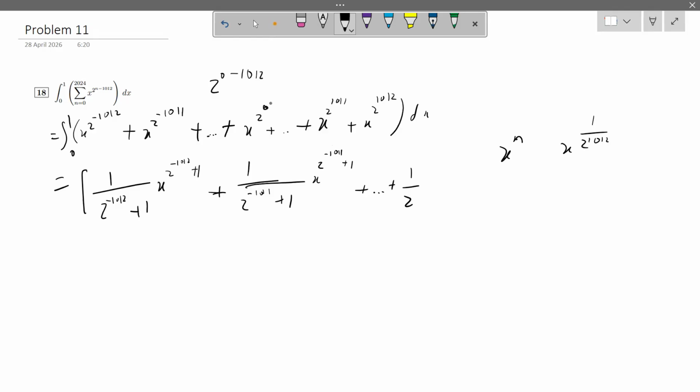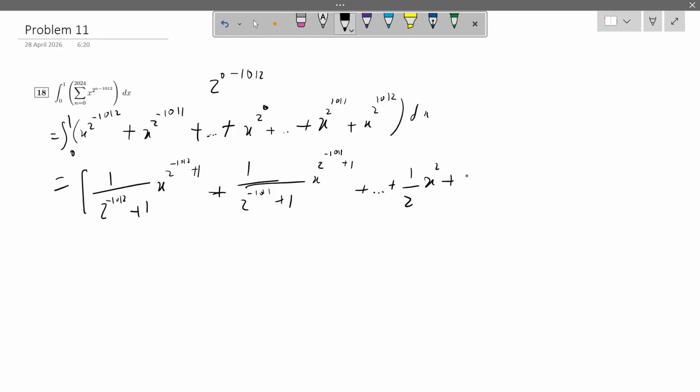For the middle term, it is actually quite easy to see here. It's 1 half x squared, because this itself is x, right? So the integral of x is 1 half x squared.